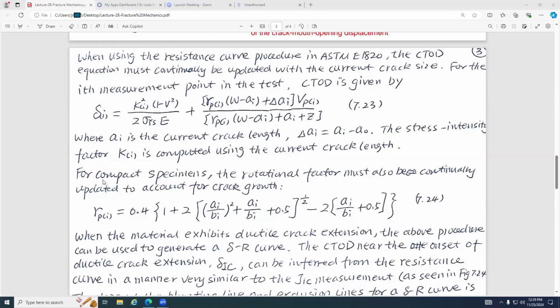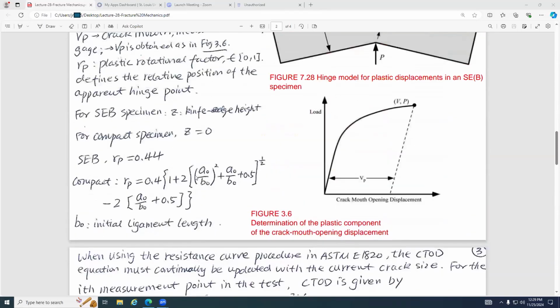Questions so far? For this compact specimen, the rotational factor RP is dependent upon a0 and b0, so you need to update RP also because your crack length is growing, right?